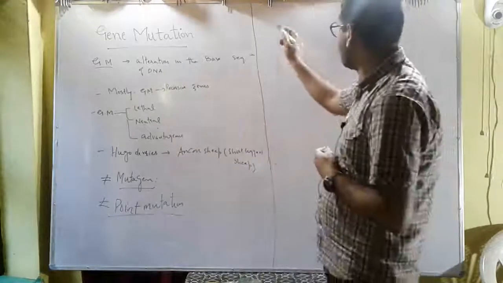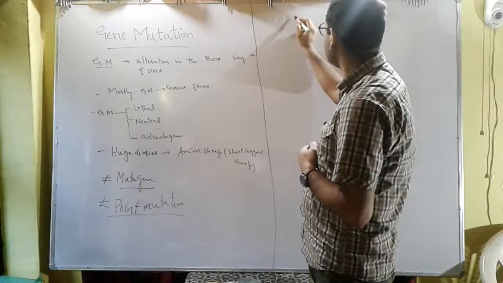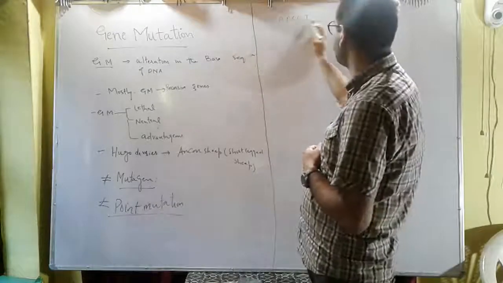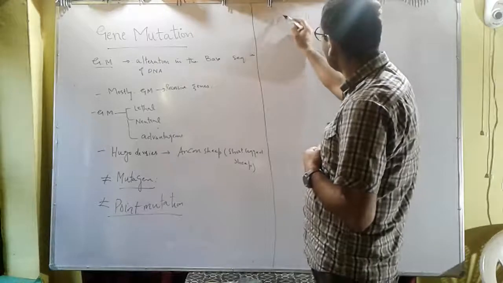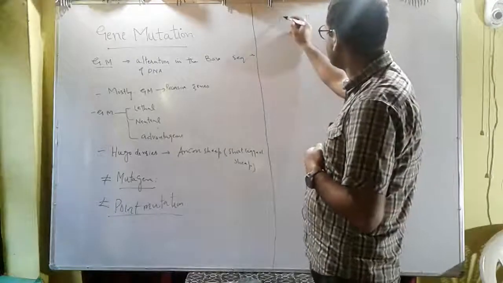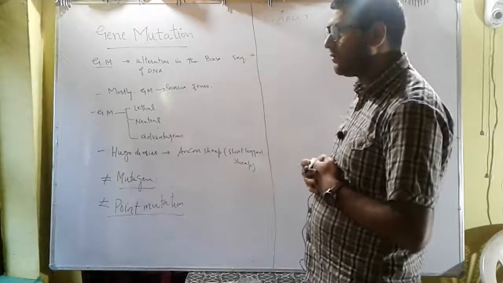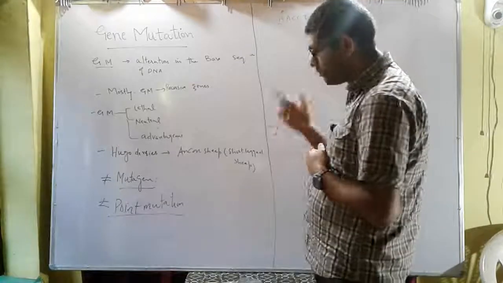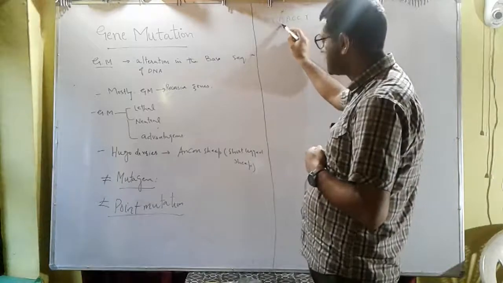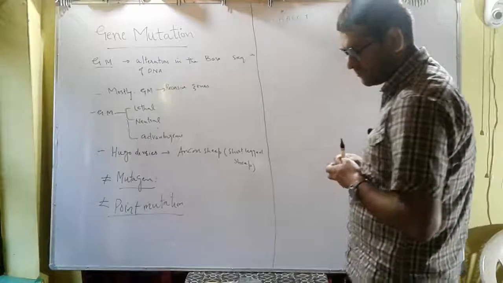For example, we have A T A A C C T. This is a DNA sequence of nitrogen bases, and only one nucleotide will get altered. For example, this will get altered. In most of the cases, it has been seen that only one nitrogen base changes, because of which we call gene mutation a point mutation.